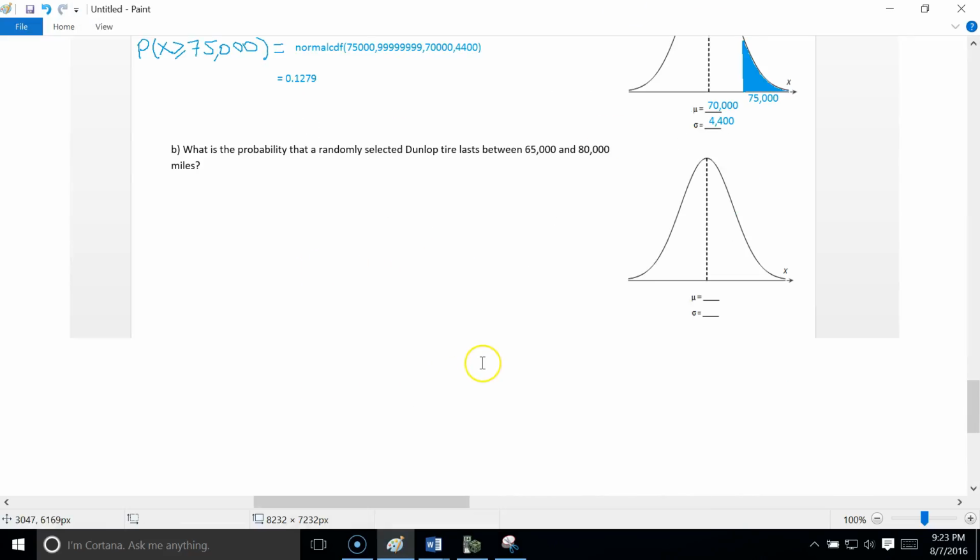Okay, moving on to the second one. What is the probability that a randomly selected Dunlop tire lasts between 65,000 and 80,000? Okay, so we've got 65,000, and we're also going to have 80,000. Let me put those on my graph.